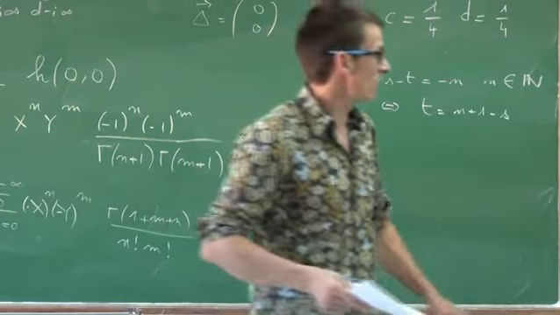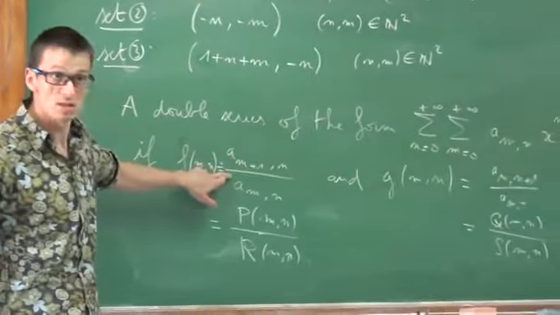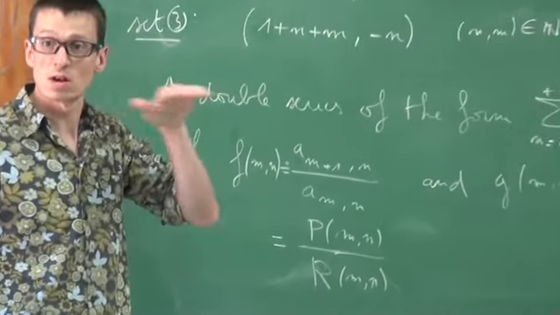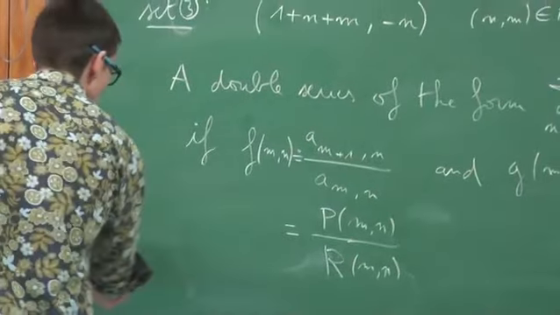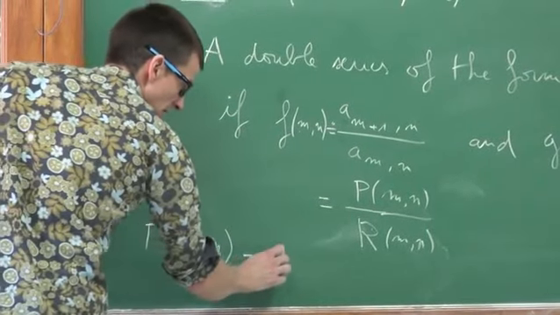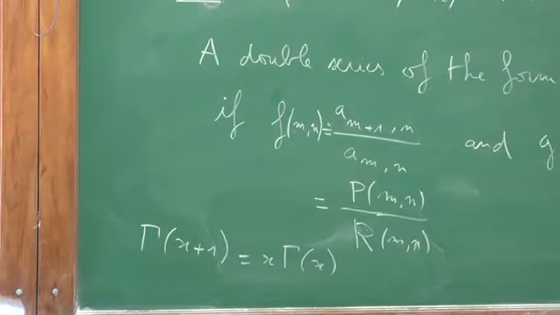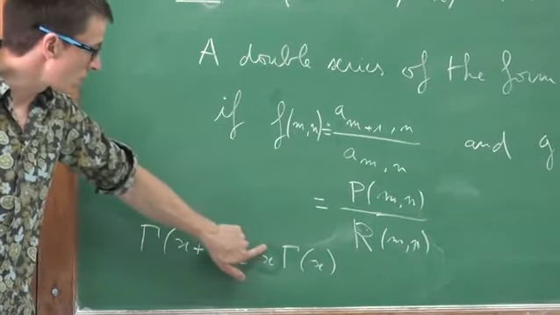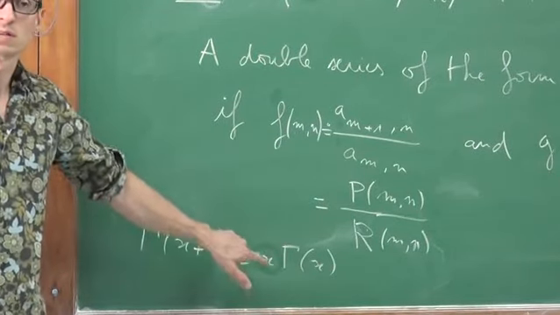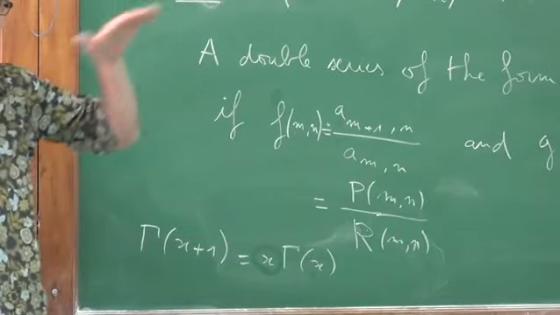Why? Because when I'm doing this calculation of this by this, the gamma function will cancel thanks to the property that gamma of x plus 1 equals x gamma of x. Therefore, at the end, we only have this, because we cancel between the numerator and the denominator.